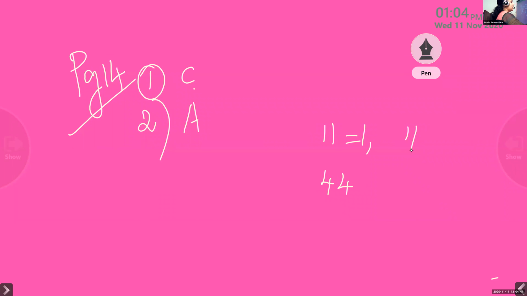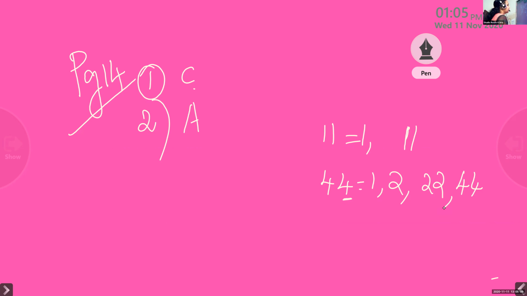Only these two are the factors because 11 is a prime number. For 44, we can write 1 into 44, 2 into 22. Is there any other number? What about 11?